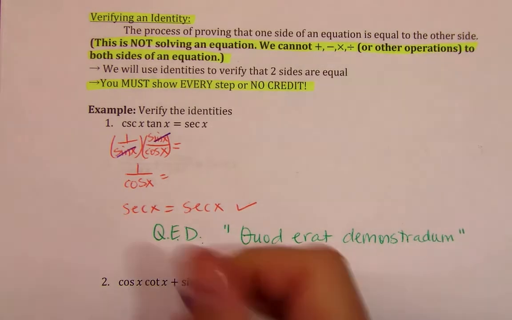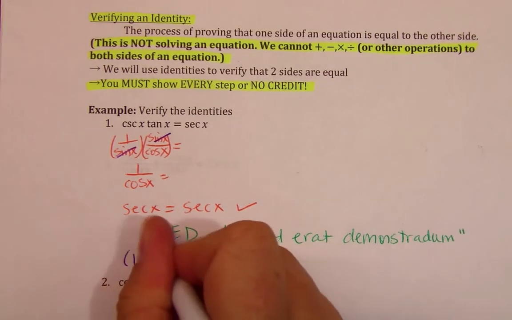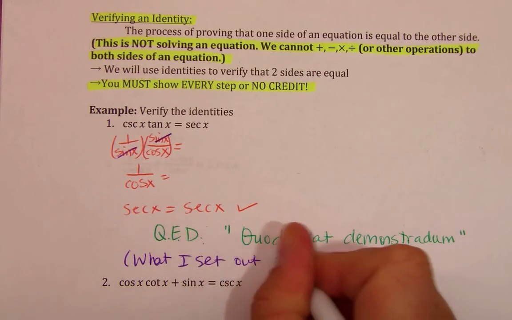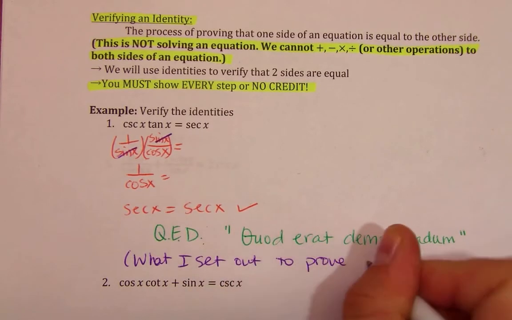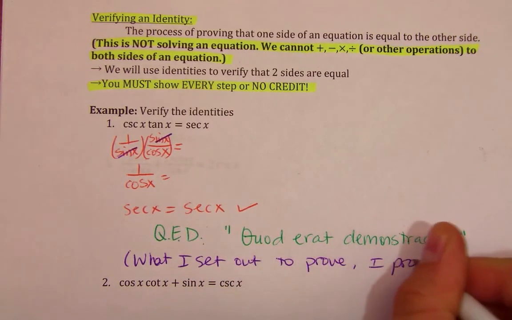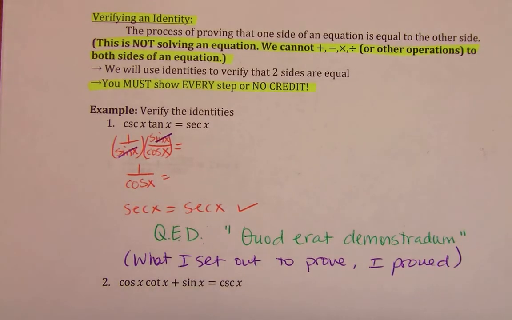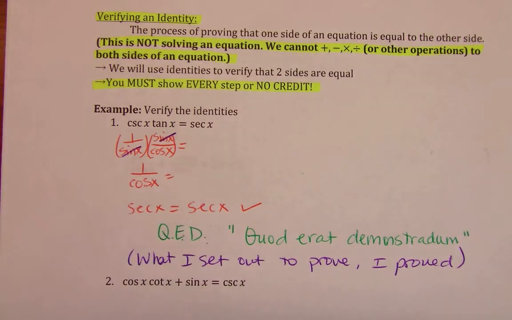And basically what that means is what I set out to prove, I proved. Okay, so we're going to write that at the end of our proofs just to show, yes, we did get to the very end. We proved what the identity was asking us to prove.